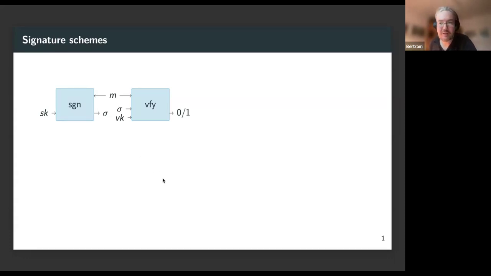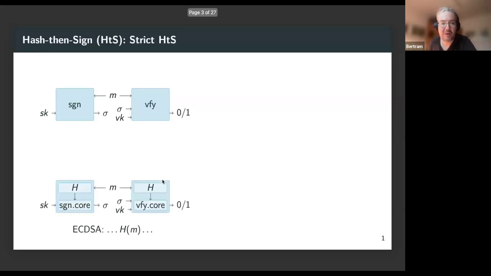Technically, however, signature schemes have a little more structure that one could point out. A very classic way to compose signature schemes is with the so-called hash-and-sign paradigm. I personally do not like this term too much, but I use it here because it's underdefined. Roughly, the outer blue block is still the signing block that we had before, but internally, the message is put into a hash function, and this uppercase H stands for SHA-2 or SHA-1 or SHA-3, whatever you like.